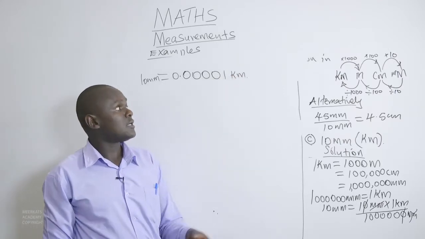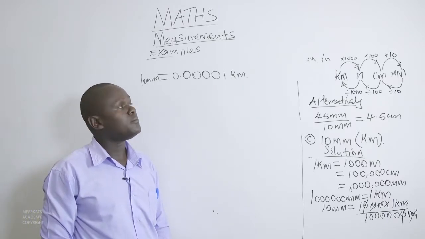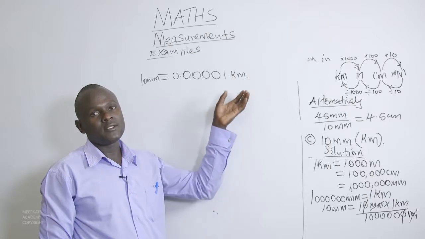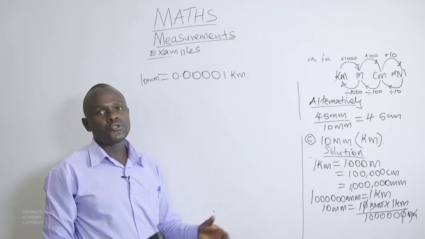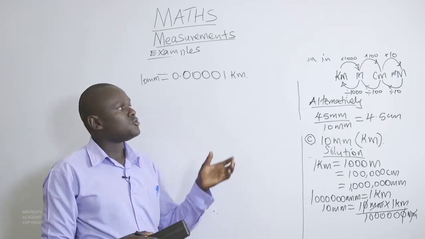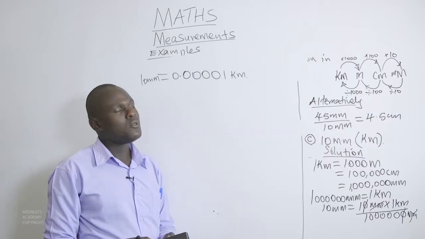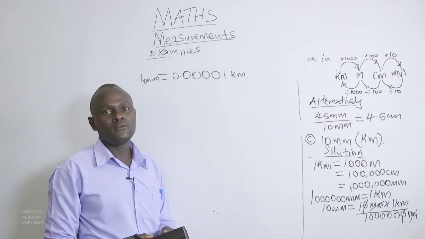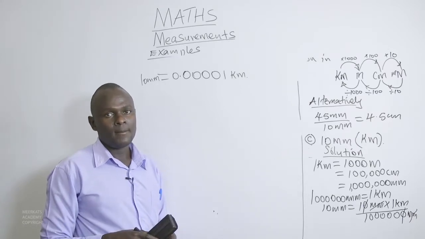And it is good that such small numbers are expressed in standard form. I hope and I know that you have learned somewhere how to write numbers in standard form. So for big numbers or too small numbers, it is not good to write them the way they are. It is advisable that you write the numbers in standard form so that it doesn't appear so long.